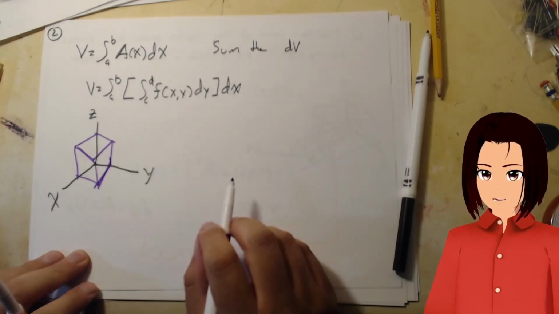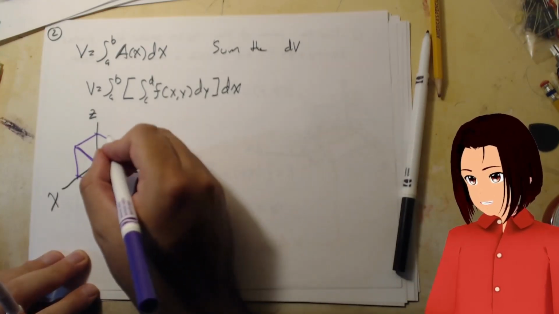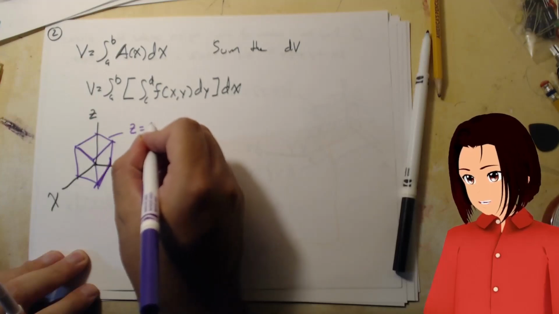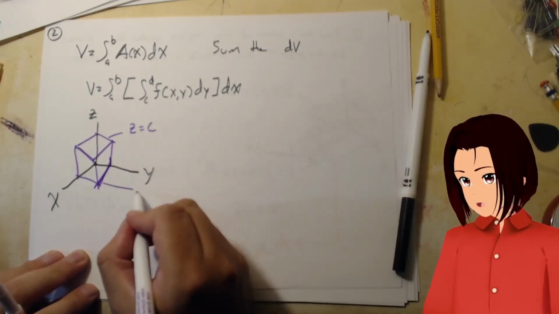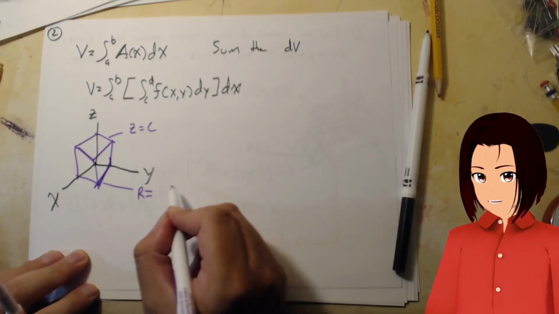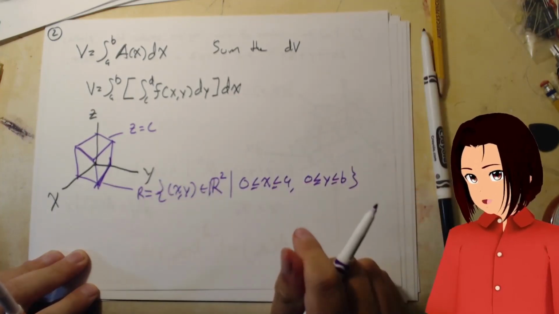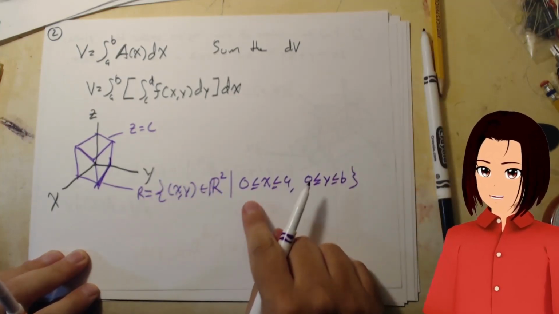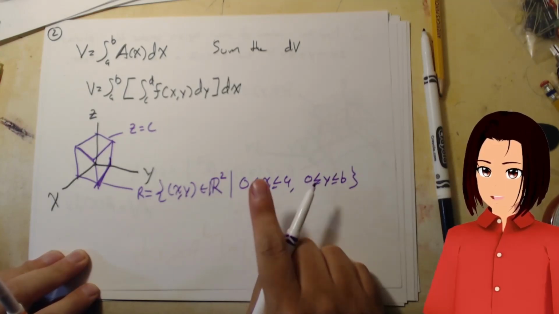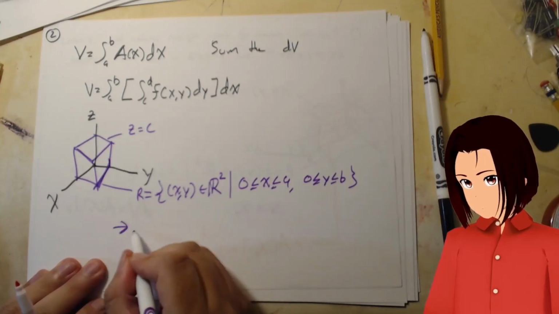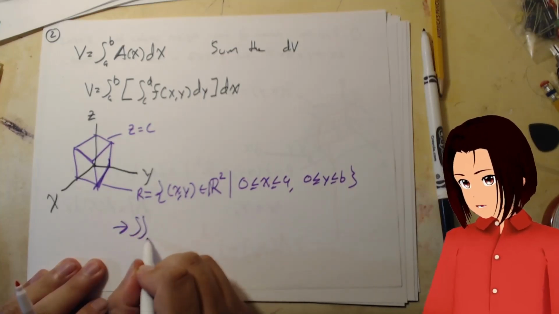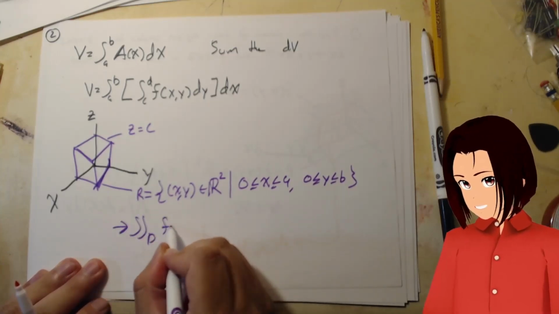We have some 3-space rectangle, and we know z is equal to some c. It's some height z, and the base R is bounded by this and this. To get our volume, it's just this equation.